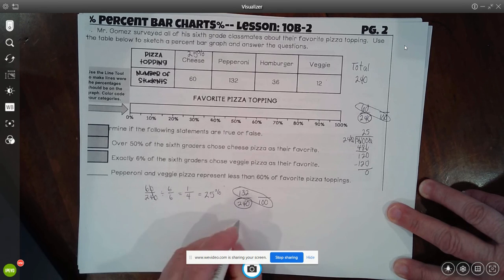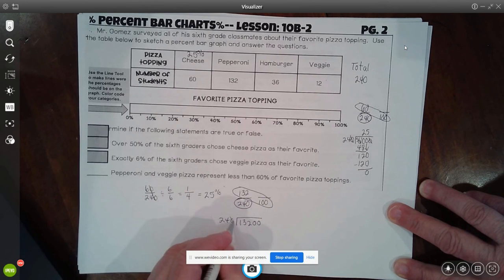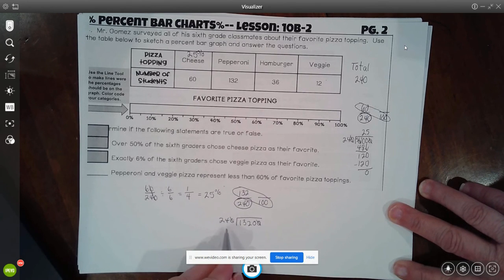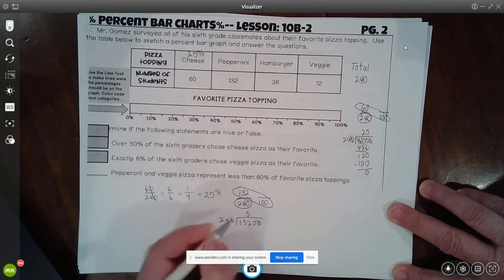So I have 132, add two zeros, divided by 240. Again, divide by 10 drops a 0. I need 24 into 132, which should be 5 times, I believe. 5 times 4 is 20, carry 2.